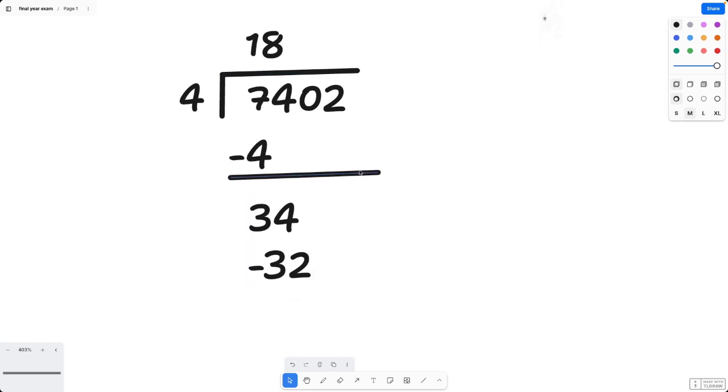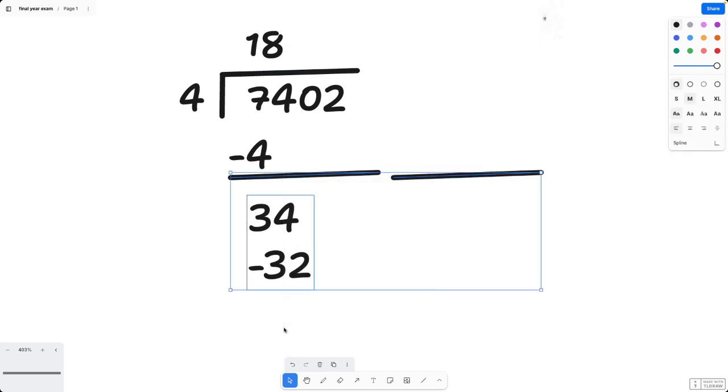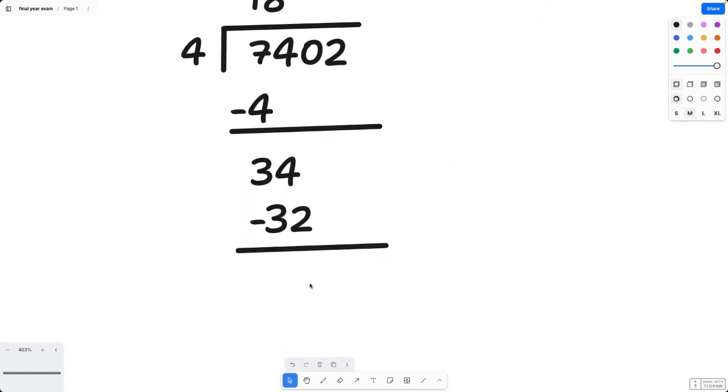So 34 minus 32, and this will give us 2 over here. 2 cannot be minus 4, then we bring down 0. So this will be 20. So what can 20 do? We can minus 20 also, right?